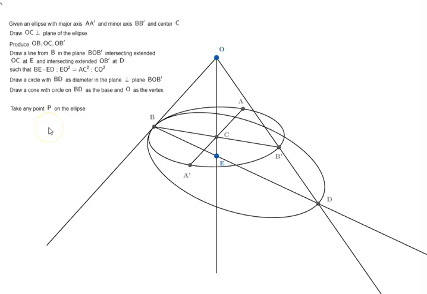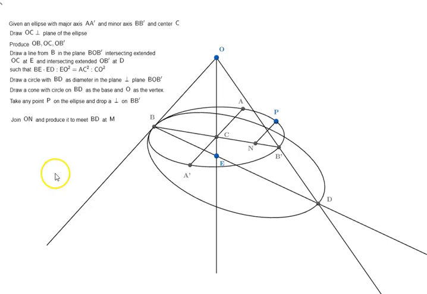So take any point P on the ellipse and drop a perpendicular on BB prime. Let's say it drops at N. Now join ON and produce it to meet BD at M. So we join ON and then extend it so that it intersects BD at M.